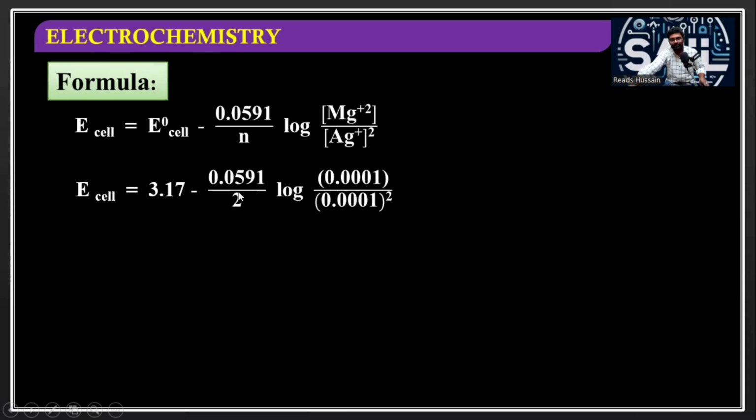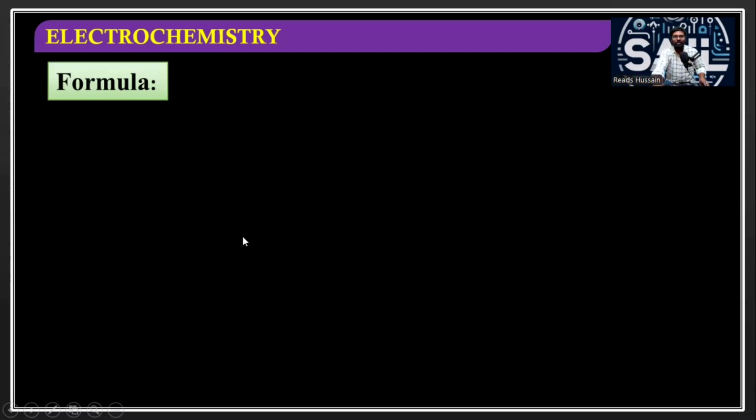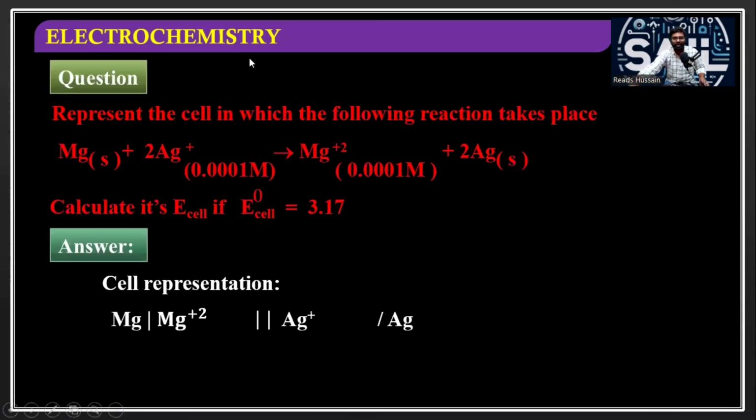Actually, see here, why have we written 2 in the place of N? What is N? N is the number of electrons, no? So here how many electrons are transferred? See here, magnesium. Mg becomes Mg plus 2. That means 2 electrons are lost. 2Ag plus becomes 2Ag, means 2 electrons are gained.